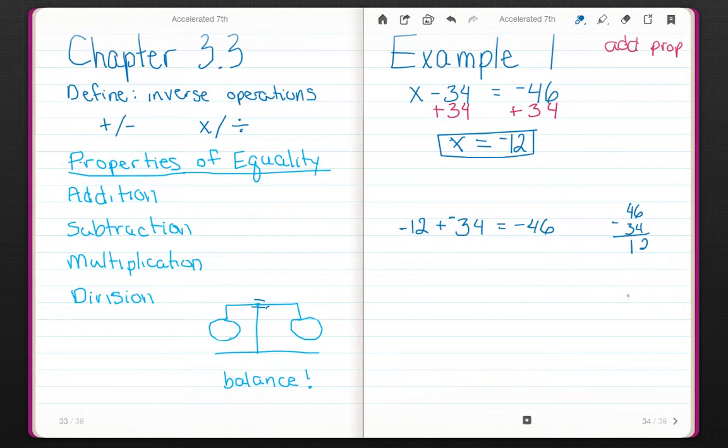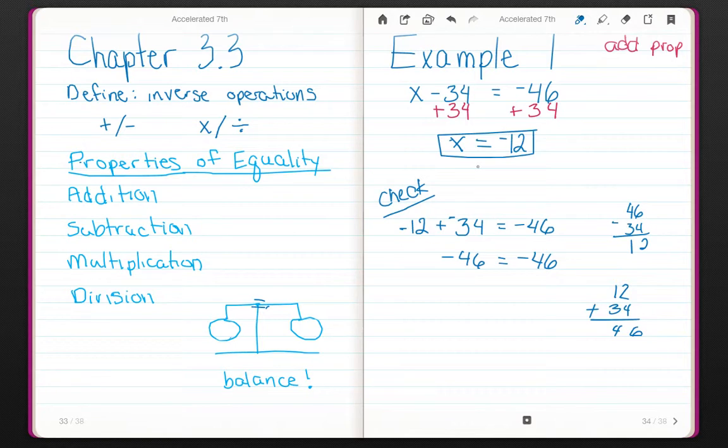So 12 plus 34, 2 plus 4 is 6, 3 plus 1 is 4. So negative 46 is equal to negative 46. So this is my check. Okay, I solved and I checked up here.